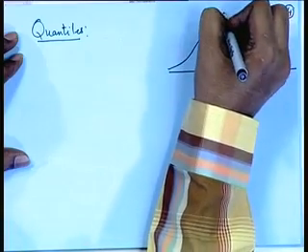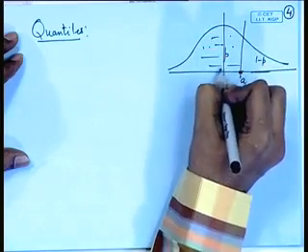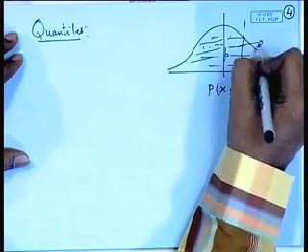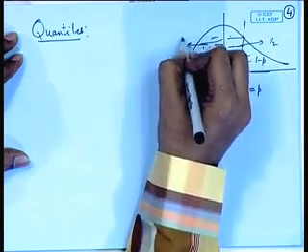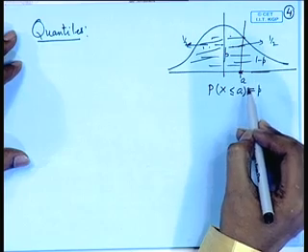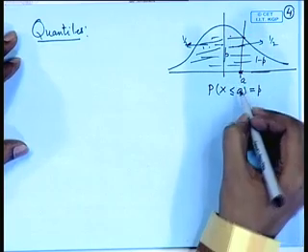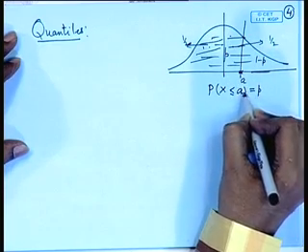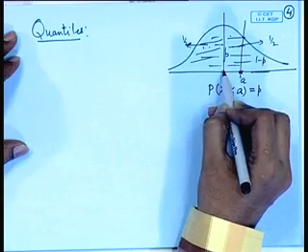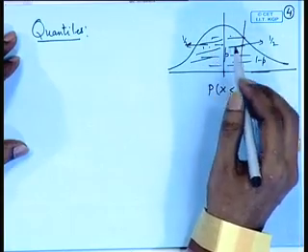It is easy to explain the concept of median, for example, that it divides the distribution into two parts, the probability is half in this portion, the probability is half in this portion. So, roughly speaking, a pth quantile is the point up to which the probability of random variable taking a value is p and the probability beyond that is 1 minus p.